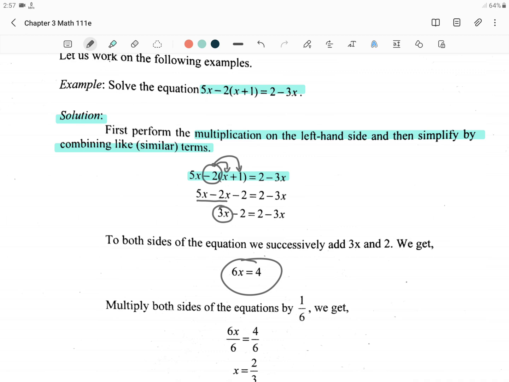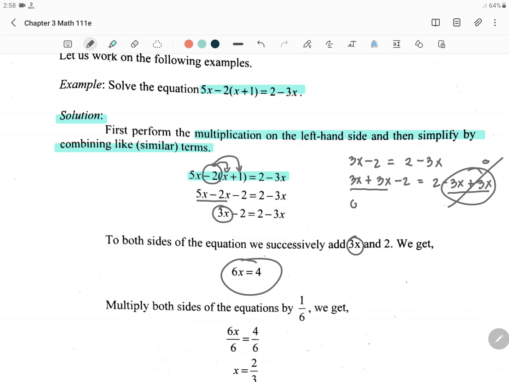Okay? Now, allow me to show you how to do that by writing 3x minus 2 is equal to 2 minus 3x. Unahin natin i-add yung 3x muna to both sides, ha? So, we have 3x plus 3x minus 2 is equal to 2 minus 3x plus 3x. So, by doing that, we can combine like or similar terms. Ito, pwede natin i-combine. Ito siya, eliminate yan kasi negative 3x plus 3x is equal to 0.